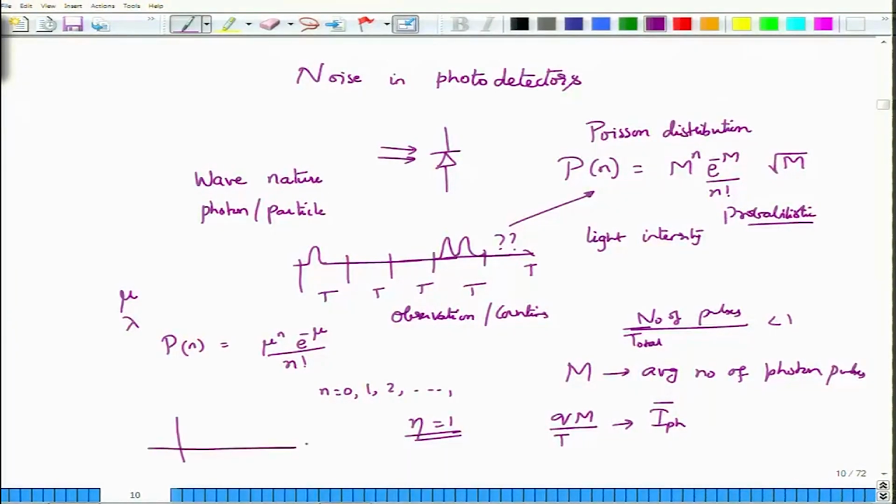But if you actually look at how the total number of photons goes, it would be something like this. There is an average value IPH, and around that there will be these fluctuations. Of course, in plotting this graph, I have assumed that the interval t goes to 0, that is, you are considering shorter and shorter intervals, and you raise the intensity level to reasonably large values, say in the range of microwatts or milliwatts.